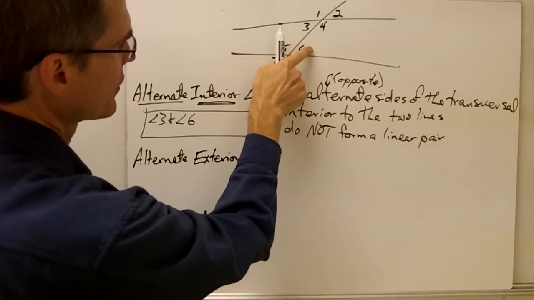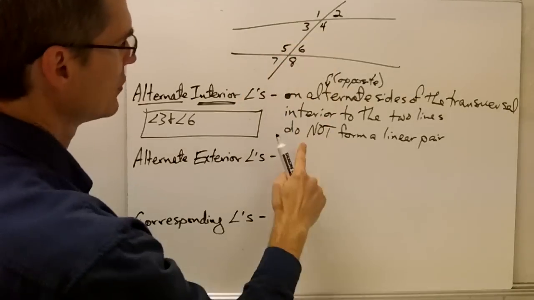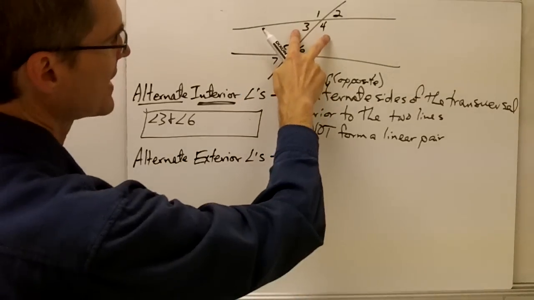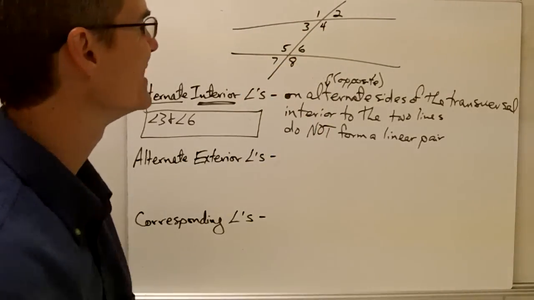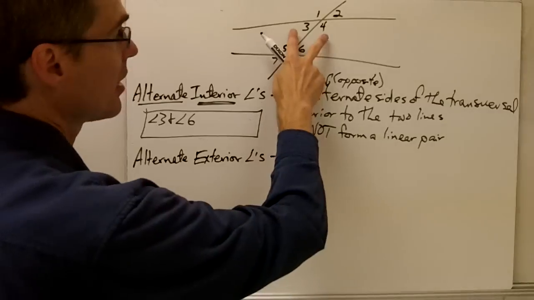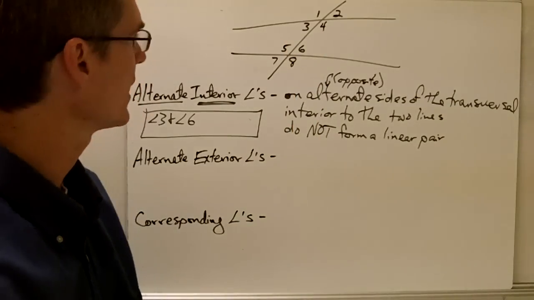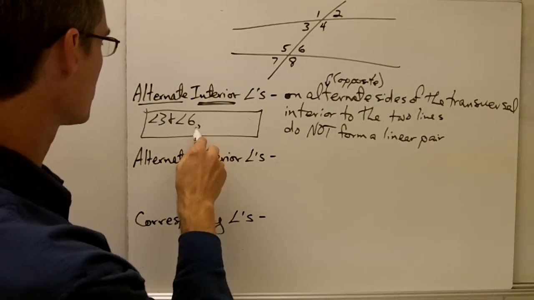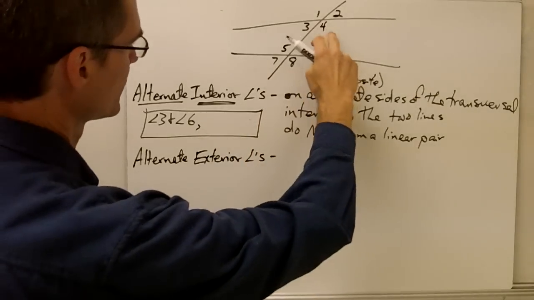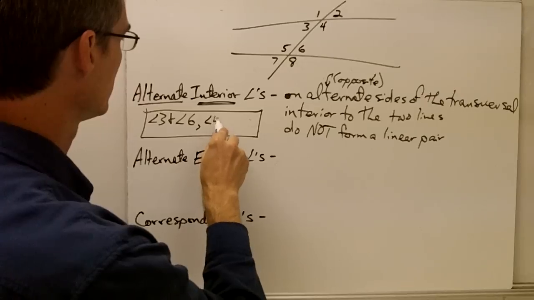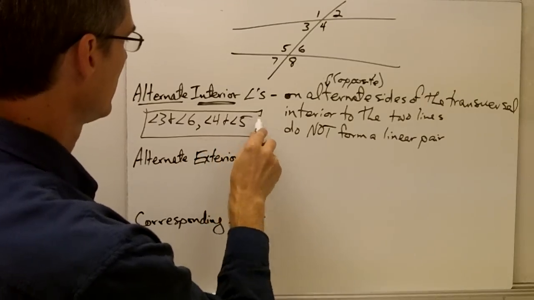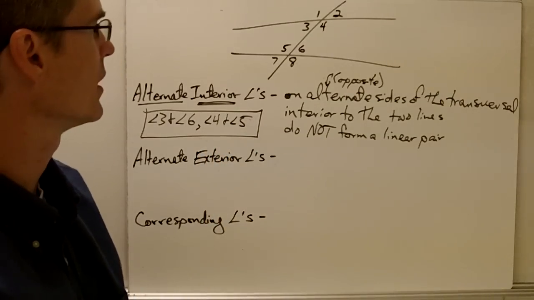Alternate sides of the transversal, interior to the two lines, and do not form a linear pair. Notice angles 3 and 4, they would not be alternate interior angles because angles 3 and 4 form a linear pair. So I've got one more pair of alternate interior angles. That's going to be angles 4 and 5. They are alternate interior angles as well.